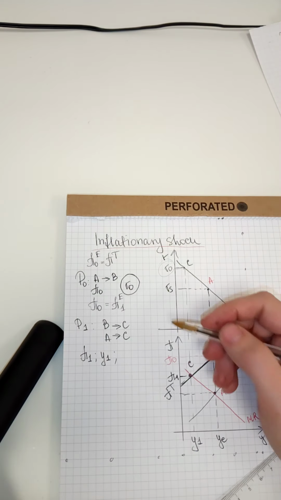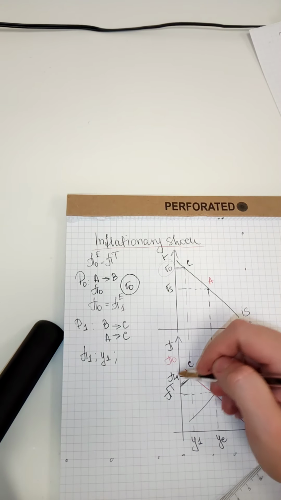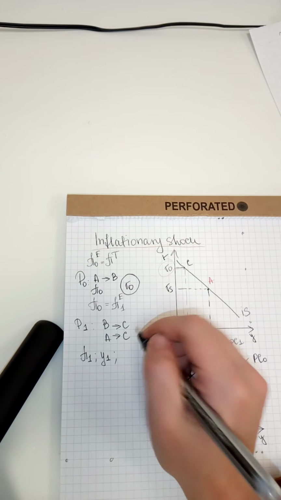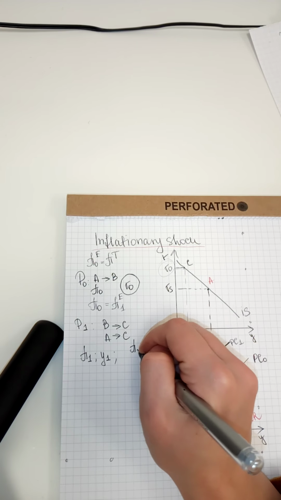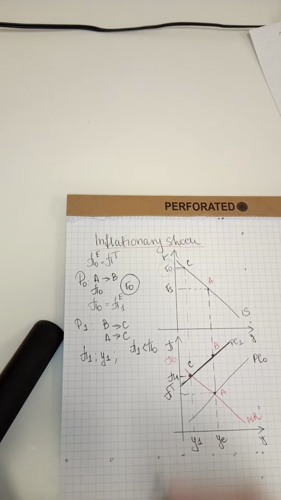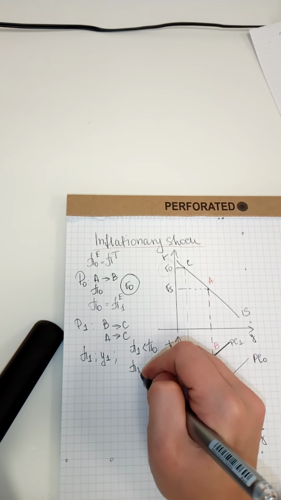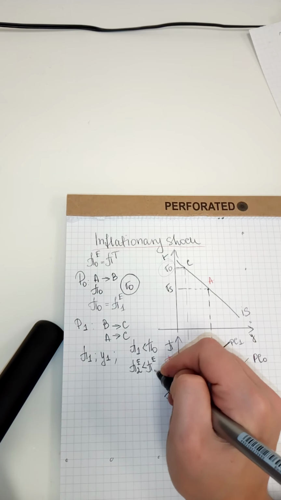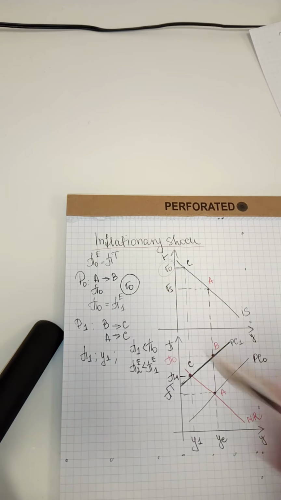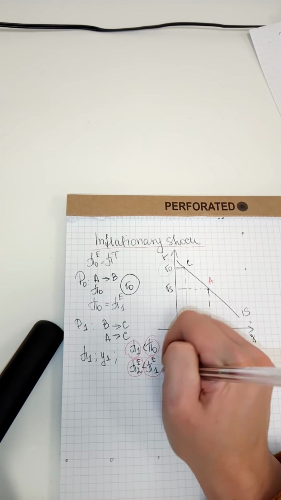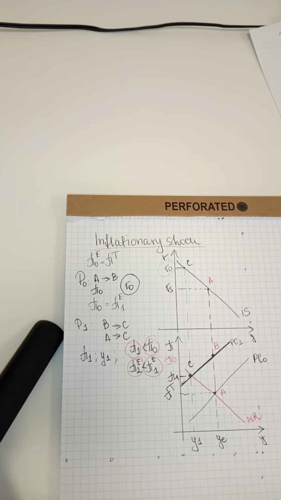So the central bank notices that in the first period, the rate of inflation is actually lower than in period 0. So pi 1 is below pi 0, which means that the expected rate of inflation in period 2 will be smaller than the expected rate of inflation in period 1, because of our assumption of adaptive inflationary expectations.